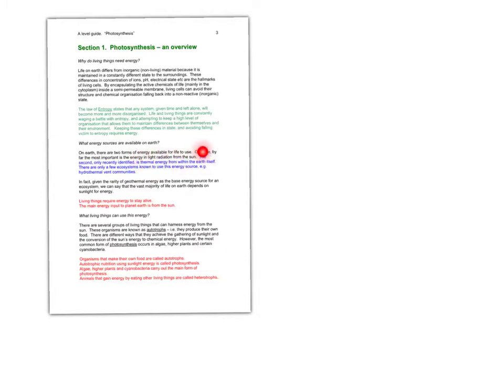Okay, and we've identified them, but they're not part of this solar ecosystem, right? They're not getting their energy from the sun, and so there is a portion of life that is separate from the cycle of getting the energy from the sun and then something coming and eating the thing that got the energy from the sun. So even though it's blue, I'm not going to test it on the test.